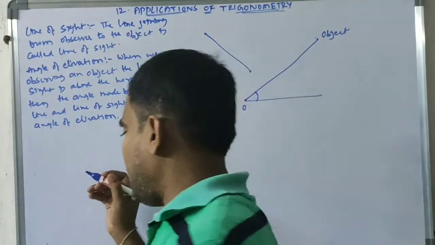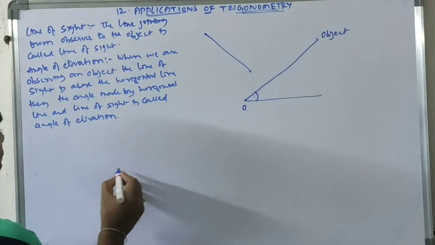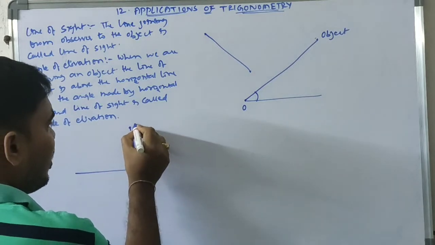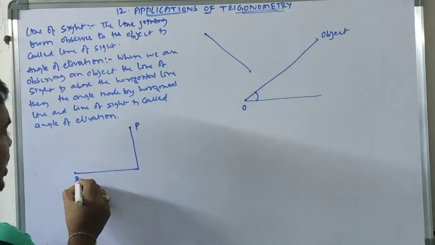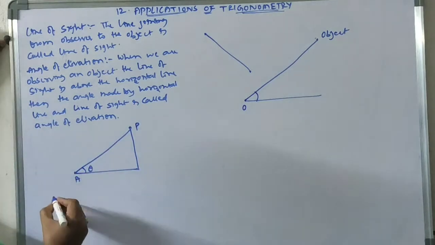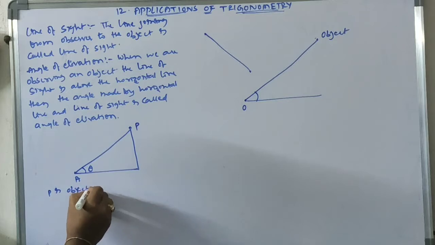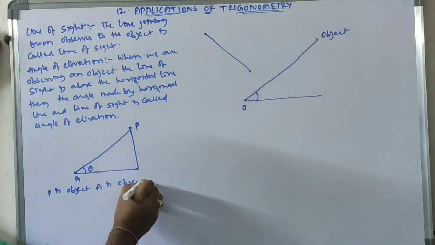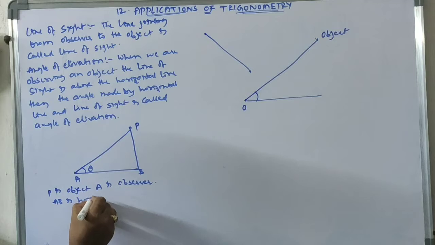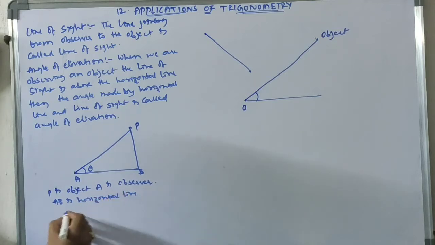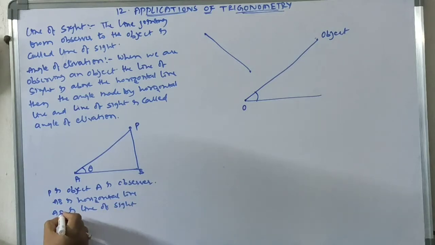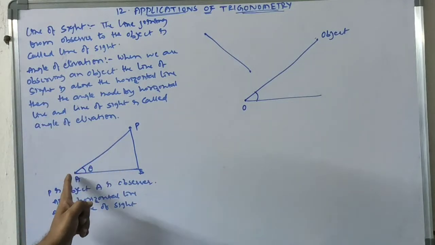For example, here is the object P, and the observation point is A. P is the object, A is the observer.